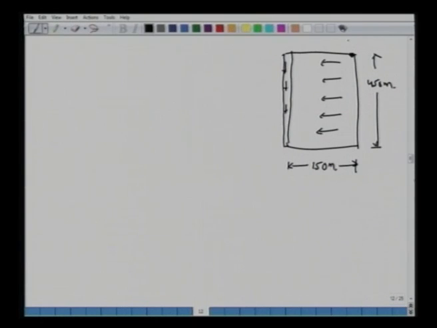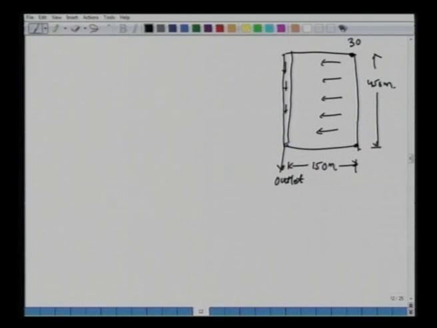So, if you put that information, this is the remotest point, so from here it is 30 minutes. What about this point here? By the way, this is your outlet. The water is taking 30 minutes from here. How? 25 minutes along the overland flow and 5 minutes along the drain.